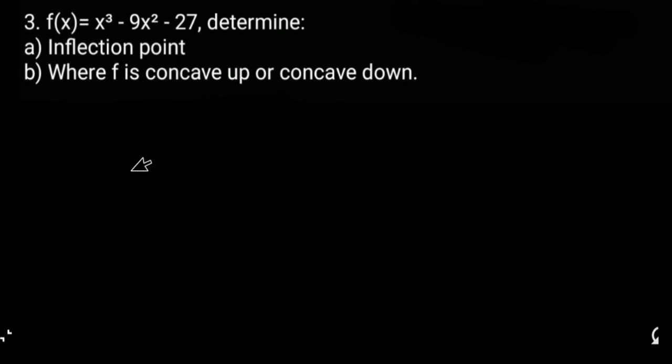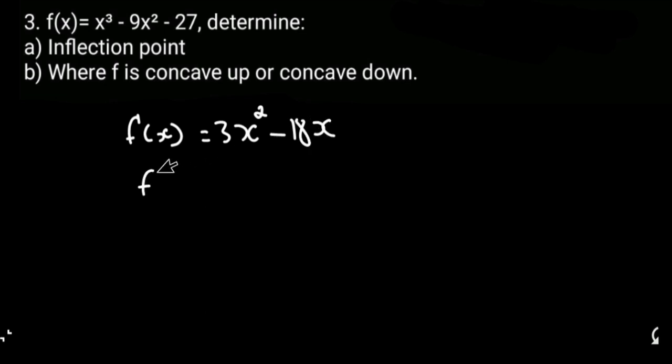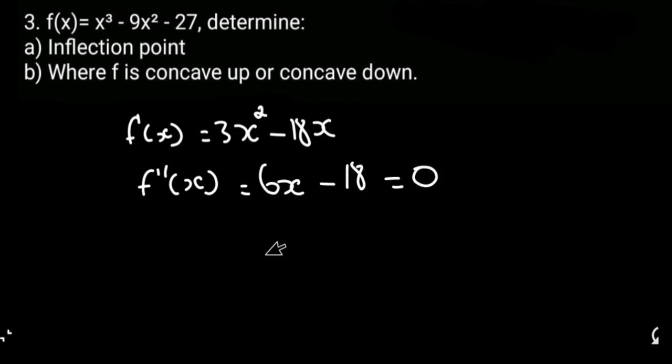So we need to first determine the first derivative, and it's going to be 3x squared minus 18x. Then if you determine the second derivative, it's going to be equal to 2 times 3, we're going to get 6x minus 18, and we need to set up our second derivative to be equal to 0 and solve for x.